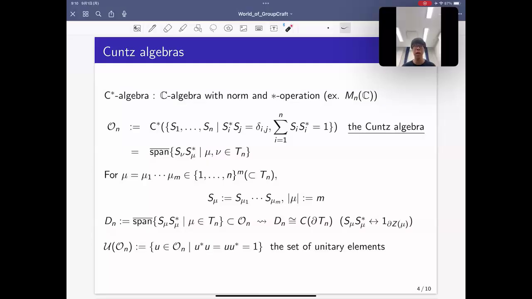It is shown to be a commutative subalgebra of ON, and it is isomorphic to the continuous functions on the boundary of the tree with this identification. And U of ON denotes the set of unitary elements, meaning elements satisfying this relation, of the Cuntz algebra.